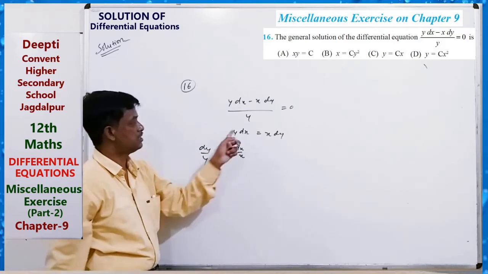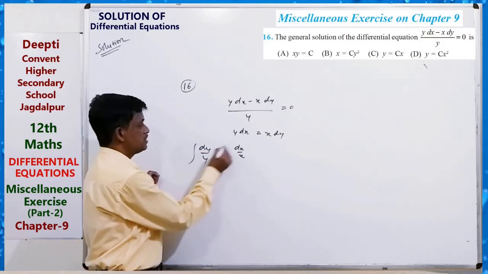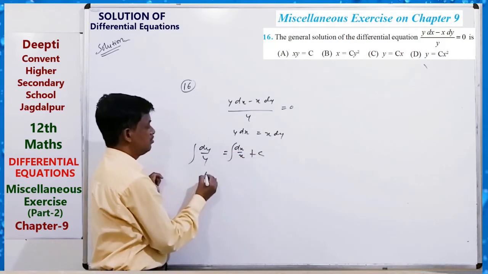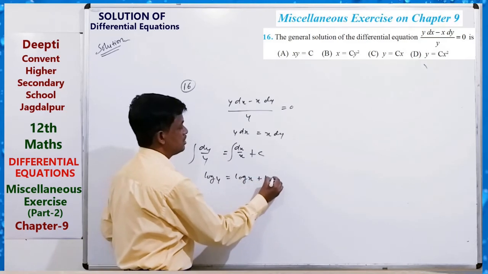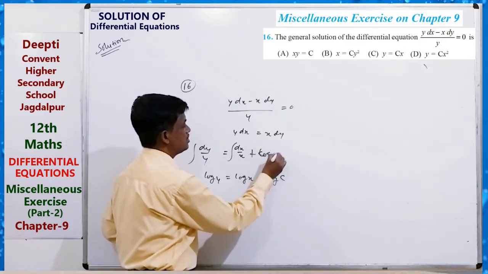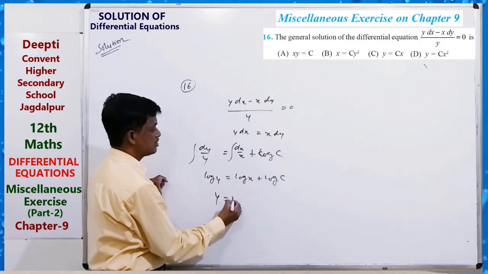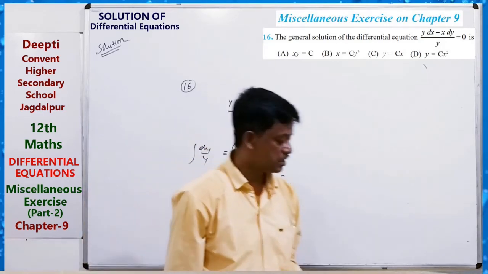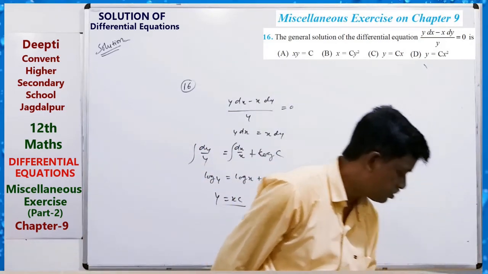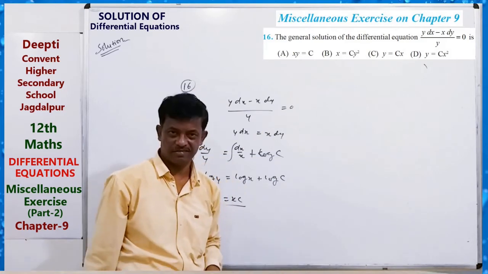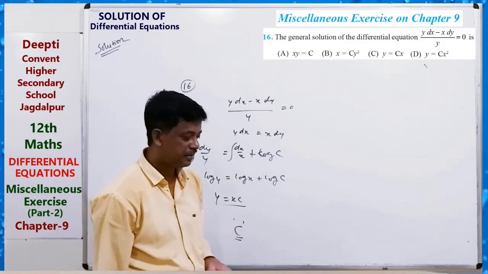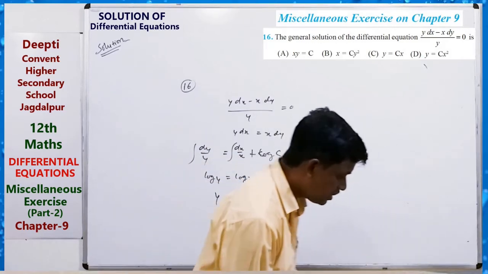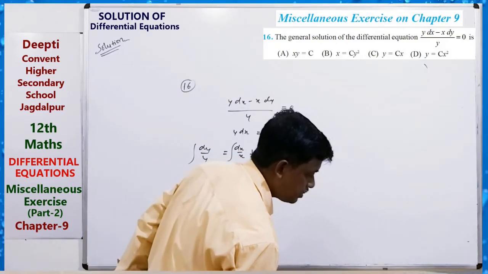Integrating, we get log y equals log x plus log c, supposing the constant is log c. So y equals x into c. Option C is correct. Clear? C is correct. Now, general solution of a differential equation.